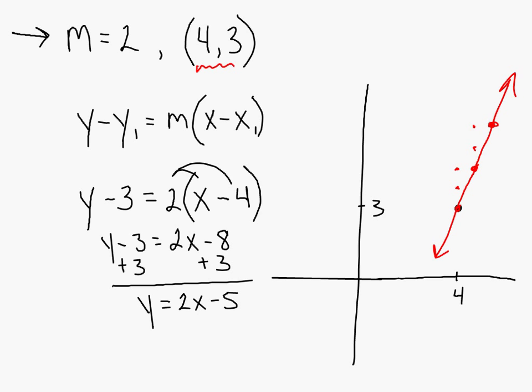Any questions on writing it in point slope form and then graphing it? One more in point slope form. Let's take you get your m, and your m is negative 2/3, and your point is negative 3, 1.